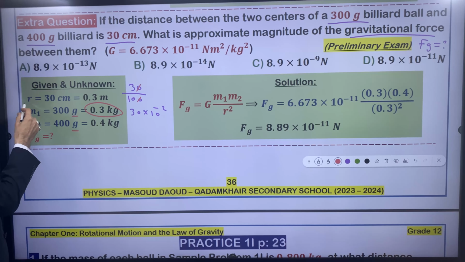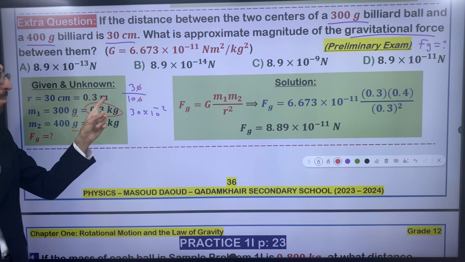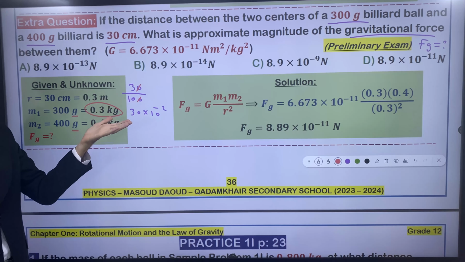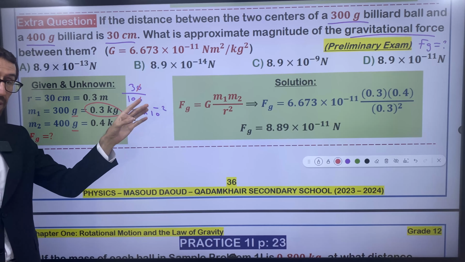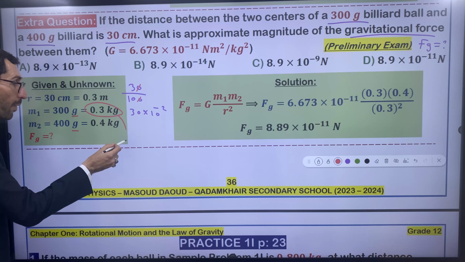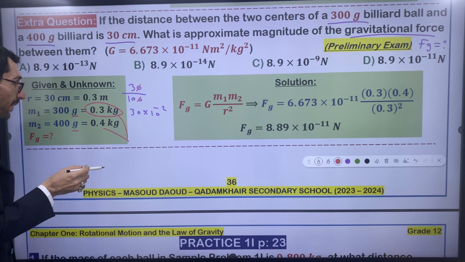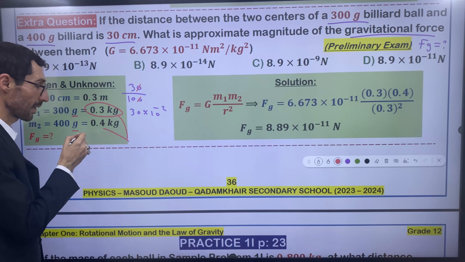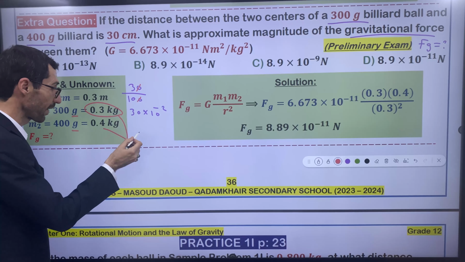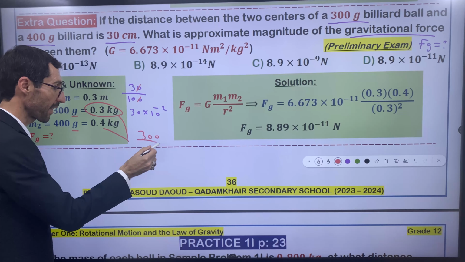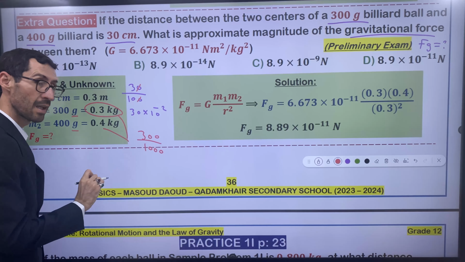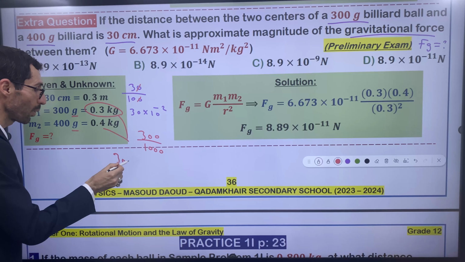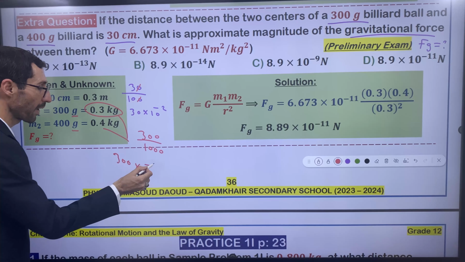For R, we converted centimeter to meter by dividing by 100 or multiplying by 10 to the power negative 2. But here, for the mass of objects, because 1 kilogram involves 1,000 grams, you have to either divide it by 1,000 or multiply by 10 to the power negative 3.